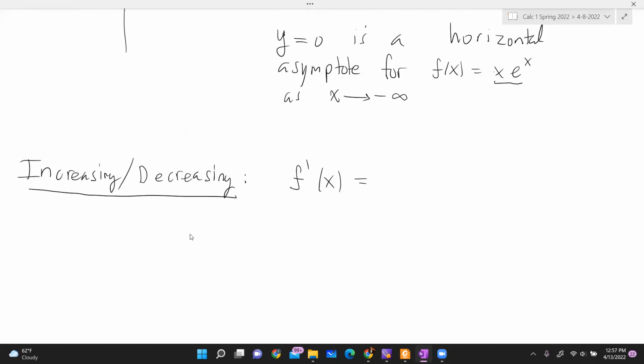We have a product of two functions of x. The product rule says that you differentiate the first function, so the derivative of x is just 1, times the second function, plus the first function times the derivative of the second function, e to the x, and that's just e to the x. And we can factor it like this.